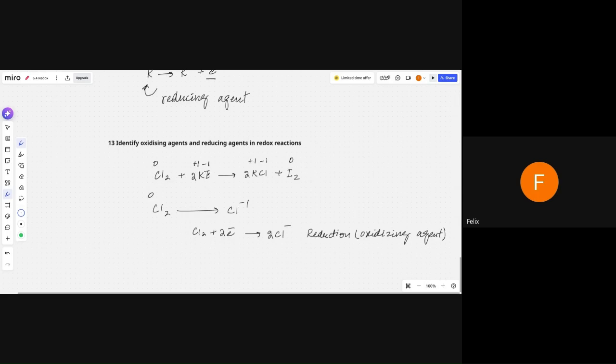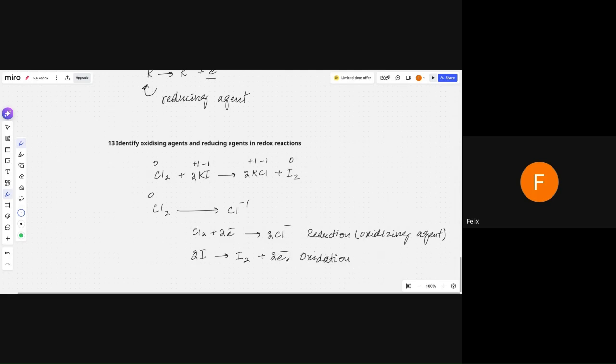Now let's take a look at iodine. I'm writing the half equation: 2I negative changing into I2 plus 2e minus. Here, this is oxidation, loss of electrons.